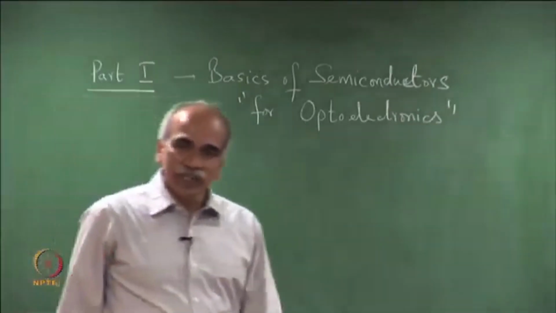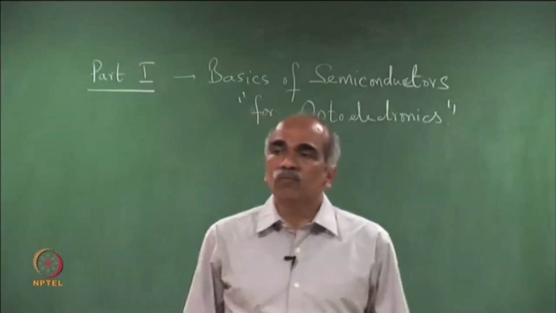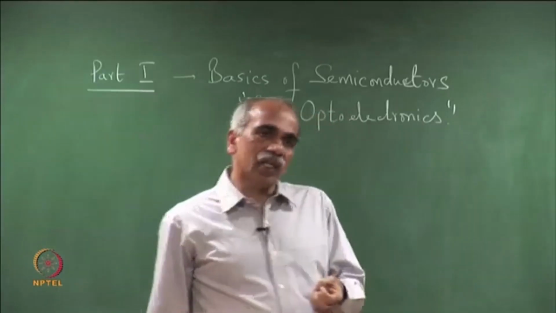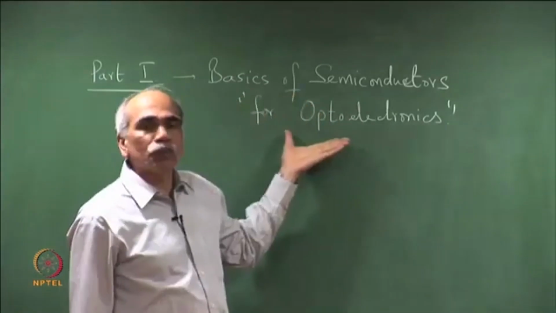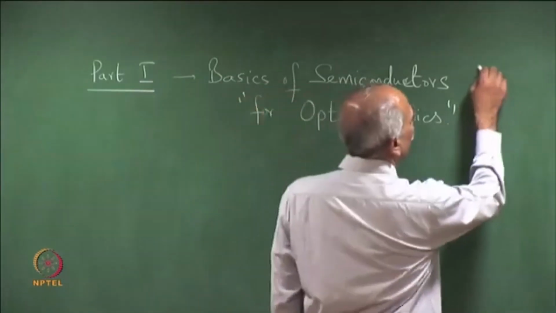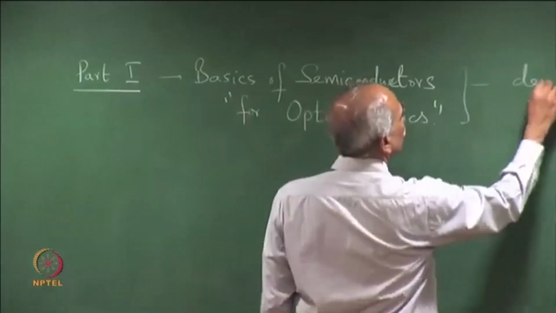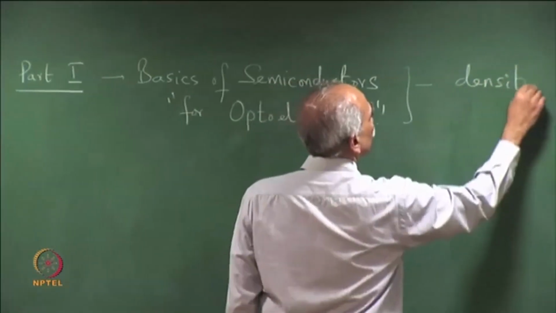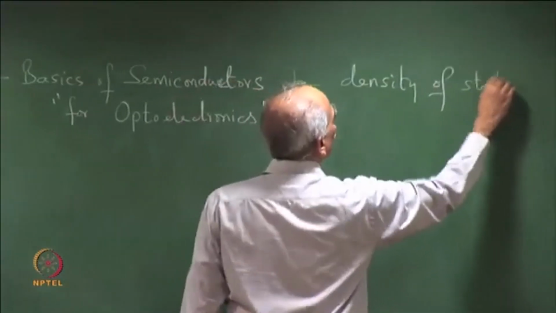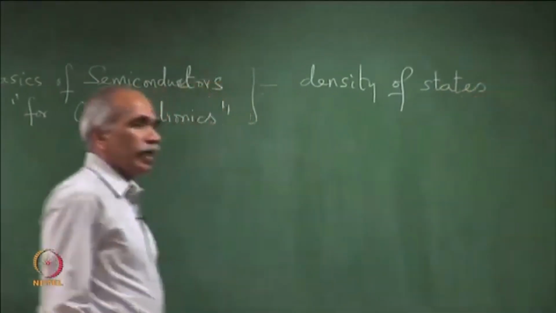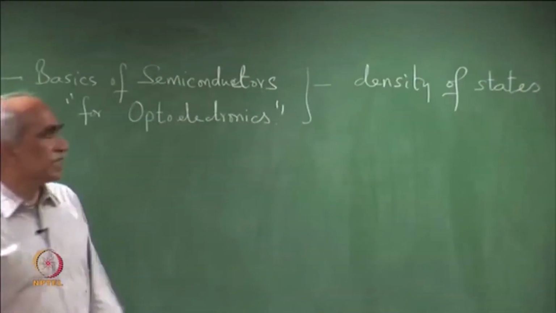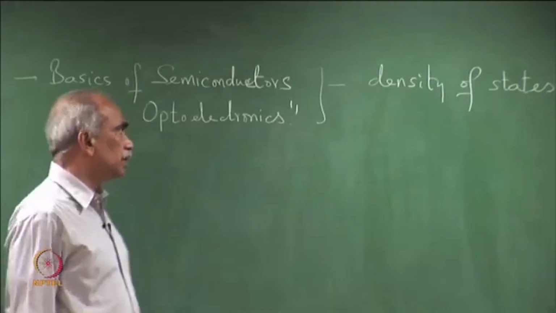Semiconductor physics, as we mentioned, is a very broad topic, and we have covered only the essential part of it for semiconductor optoelectronics. In particular, we have discussed density of states, because as we have seen through the course, density of states plays an important role in the device characteristics and device performance.